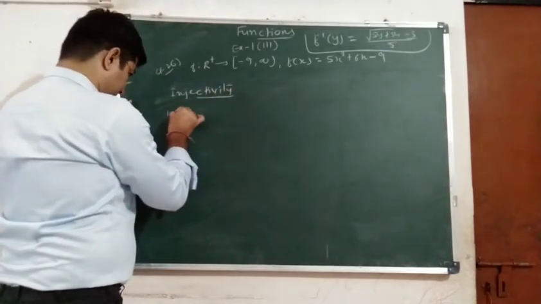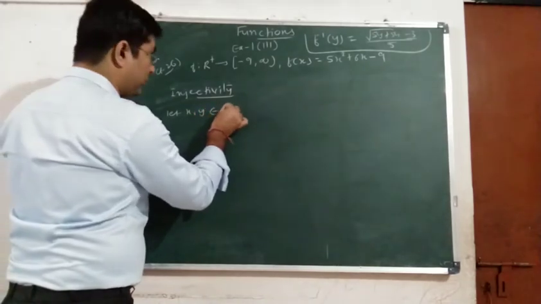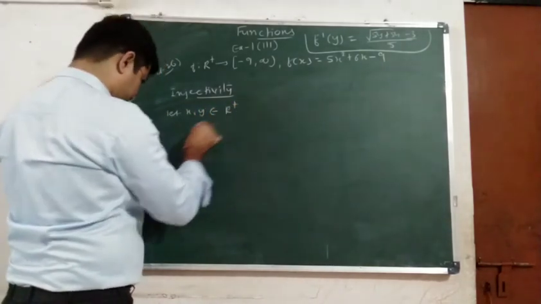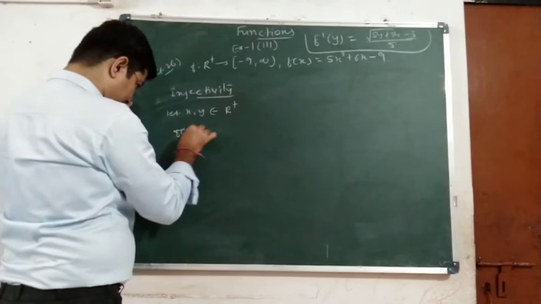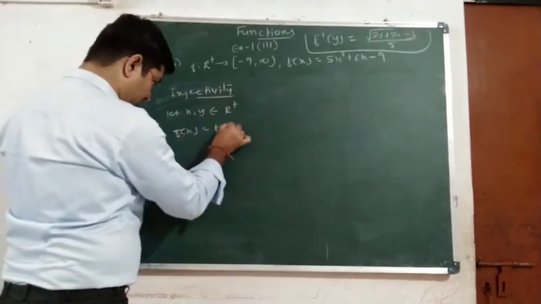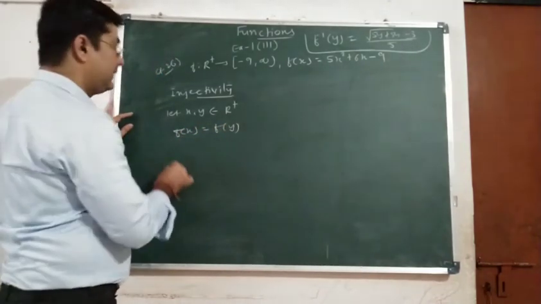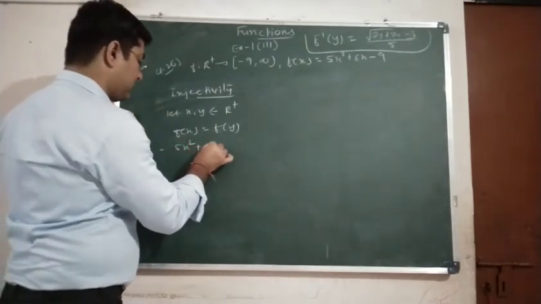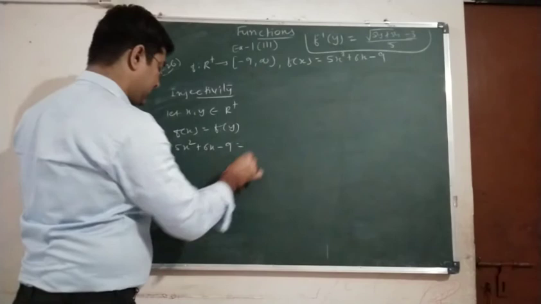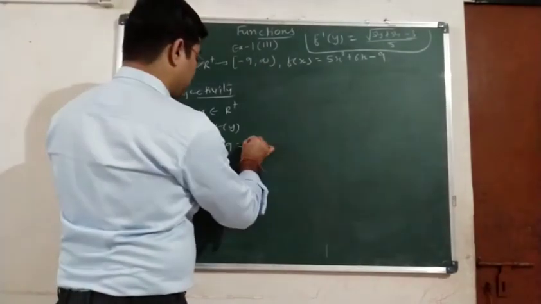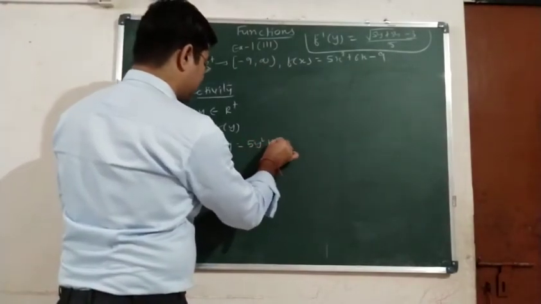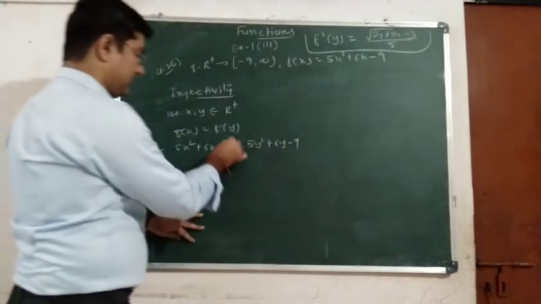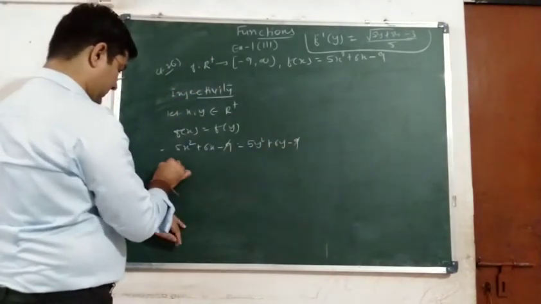Okay, let x and y belong to domain R plus such that f of x is equal to f of y, and therefore 5x square plus 6x minus 9 is equal to 5y square plus 6y minus 9. Let us simplify.